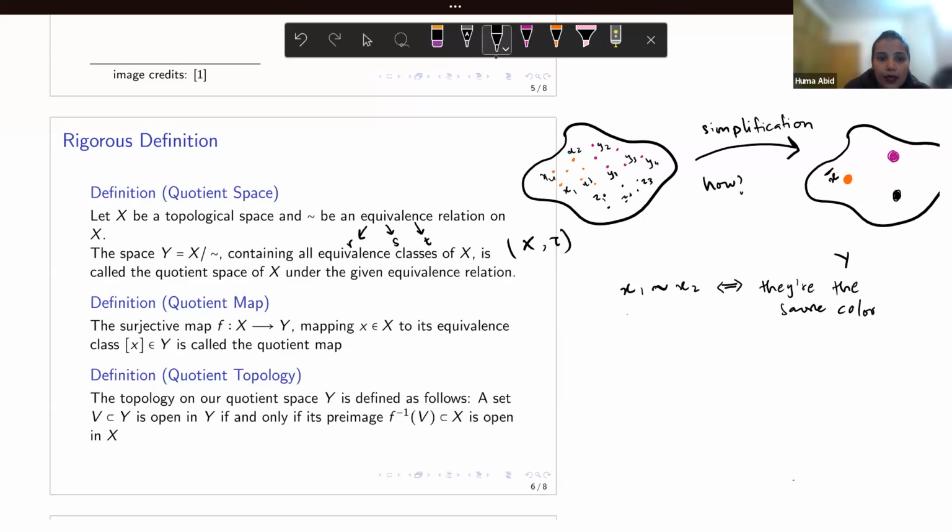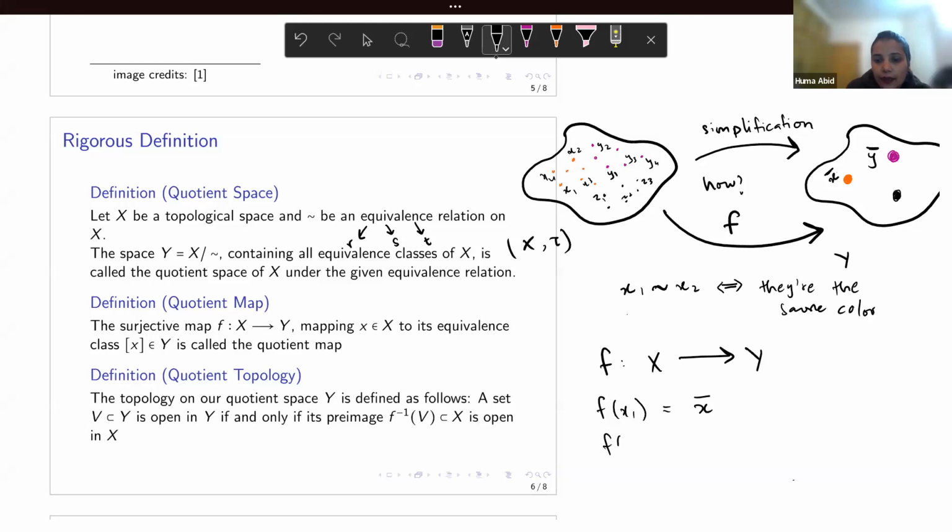So if I want to define a map between the two spaces, what my map f would do is take each element of X and map it to its equivalence class. So x1 would be mapped to x bar. And now let's call the purple class y bar.